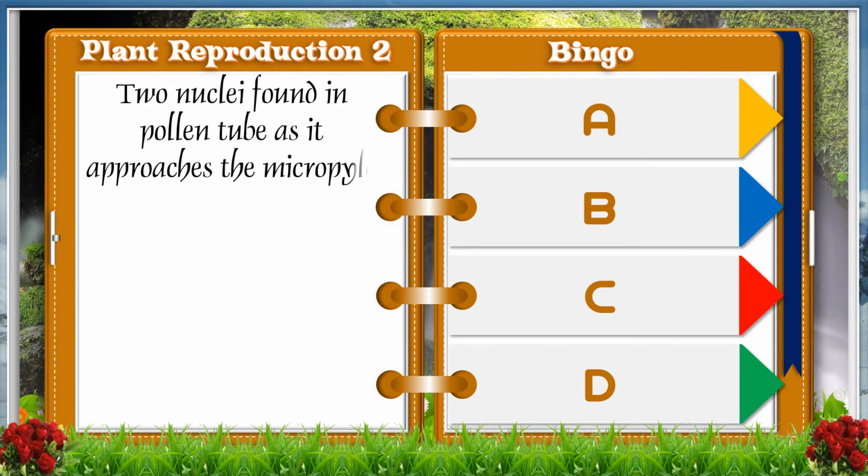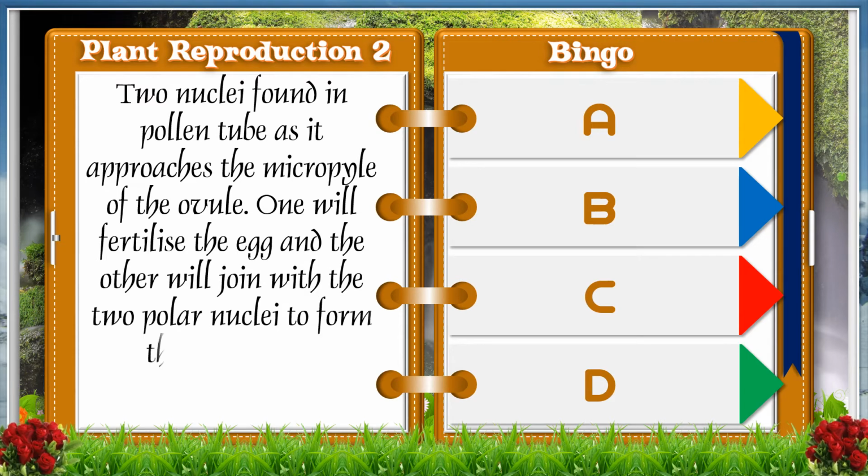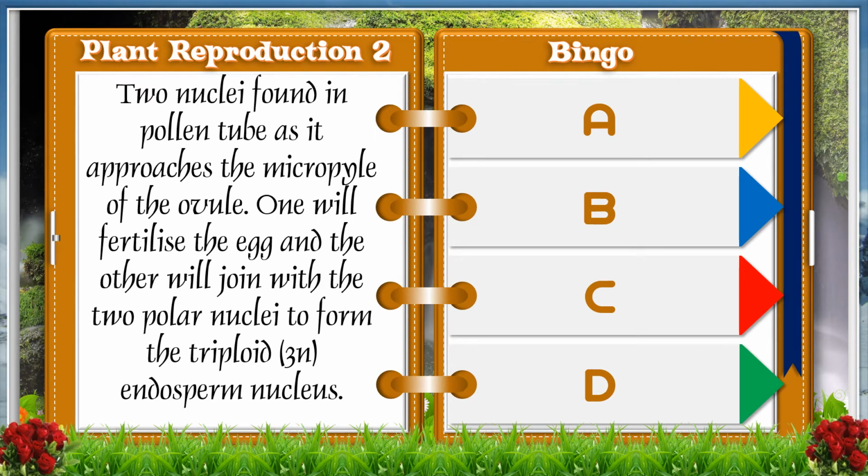Two nuclei found in pollen tube as it approaches the micropyle of the ovule. One will fertilize the egg and the other will join with the two polar nuclei to form the triploid endosperm nucleus.